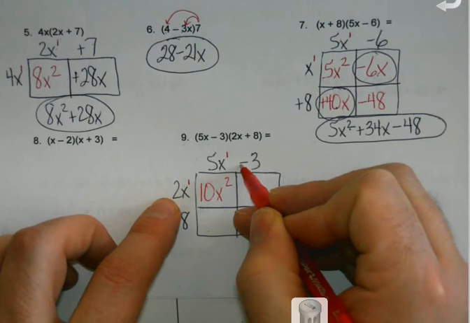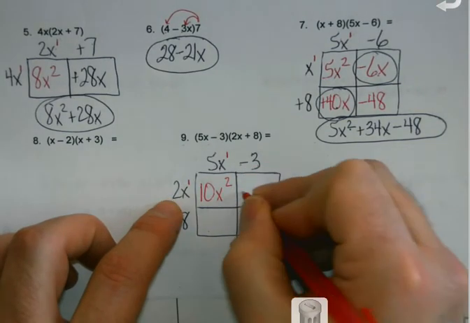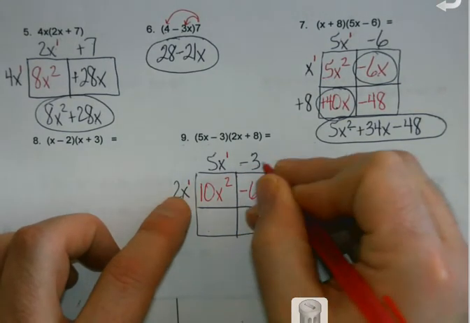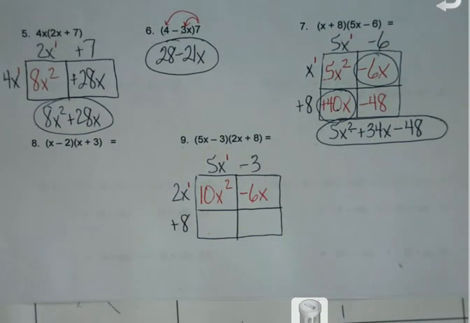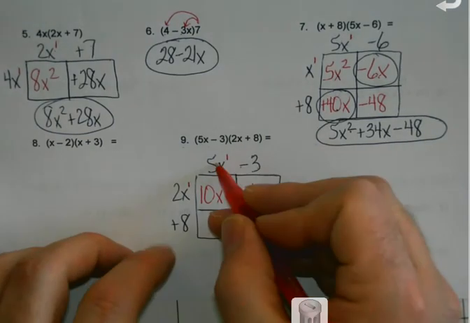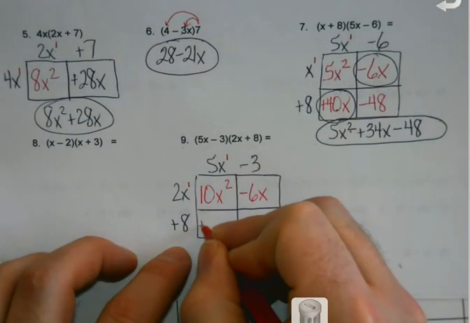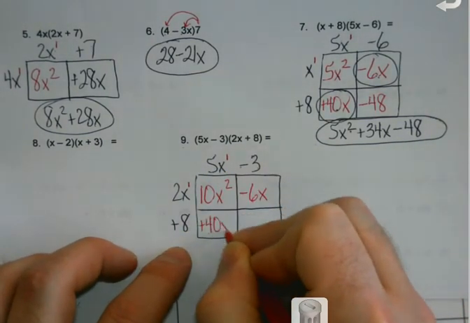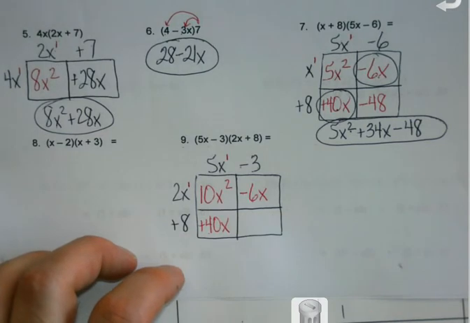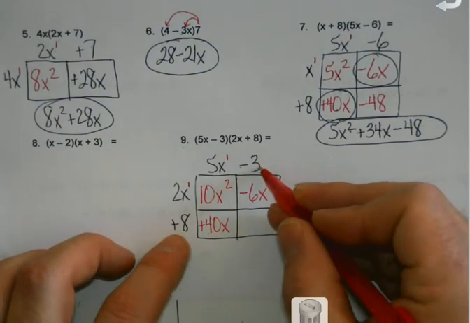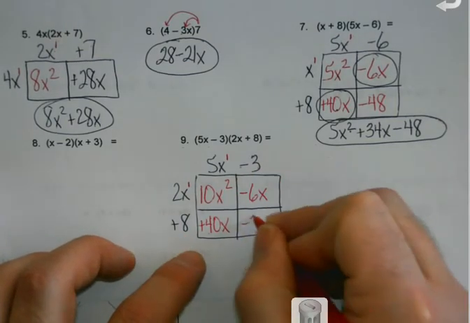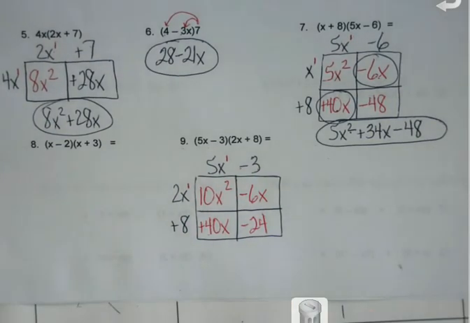Negative 3, watch your sign, it matters, times 2 is negative 6. No other x's though, so I'll just put my x there. 5 times 8 is 40. And again, no other x's, so I'll just write my x. And this last one doesn't have any x's at all. It just times the numbers. Again, multiply to fill it. 8 times negative 3 is negative 24.